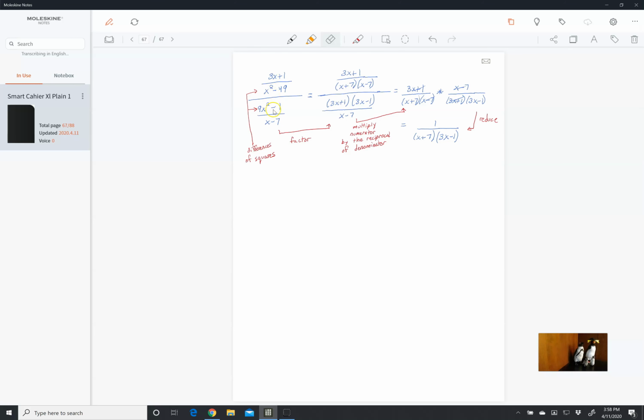We already had one fraction in the numerator and one fraction in the denominator. The purpose of factoring was to reduce, okay? We already had one fraction in the numerator and one in the denominator, so we didn't have to do any addition or subtraction.